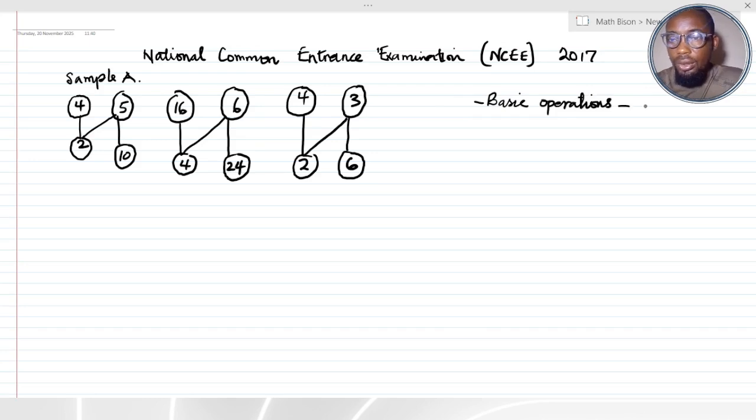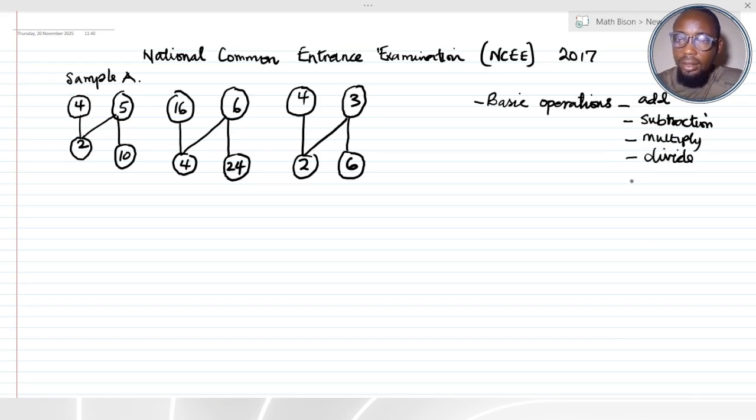What are the basic operations? Try addition. If addition is not working, try subtraction. If subtraction is not doing it, then try multiplication. If multiplying is not doing it, then try dividing. If any of these is not working, try a combo.